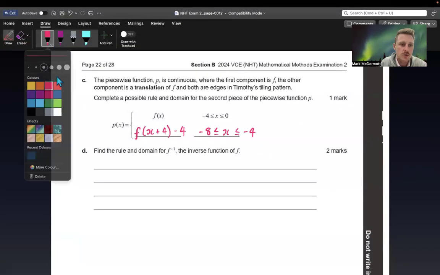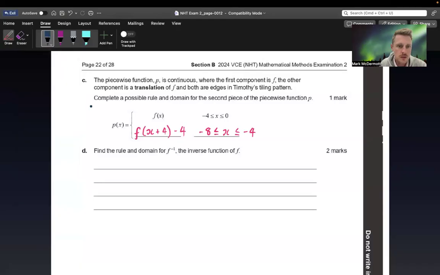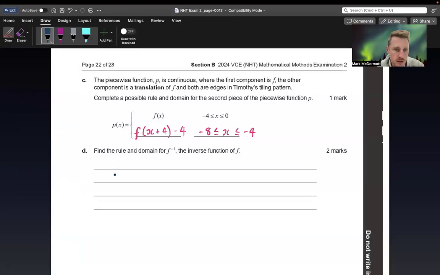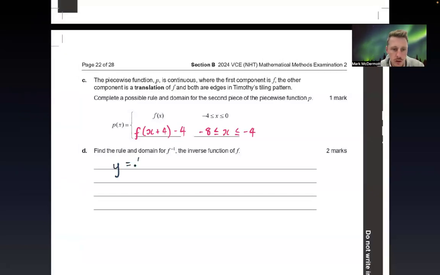Find the rule and domain for F inverse, the inverse of F. Okay, let's go back to our royal blue. We know that y equals 1/4 times x plus 2 cubed plus 2. Okay, swap x and y to find the inverse, right?